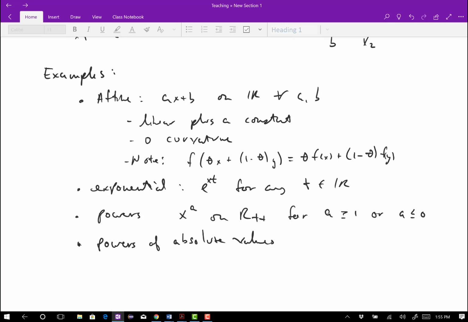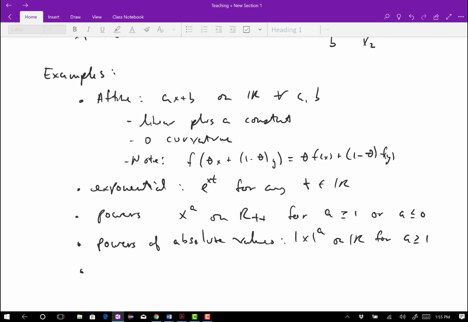Slightly different domain here. So this would be the absolute value of x to the a on R for a greater than or equal to 1. And then another one, so these are all probably functions that you've dealt with before.